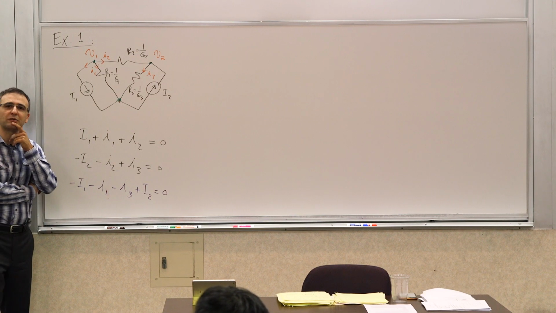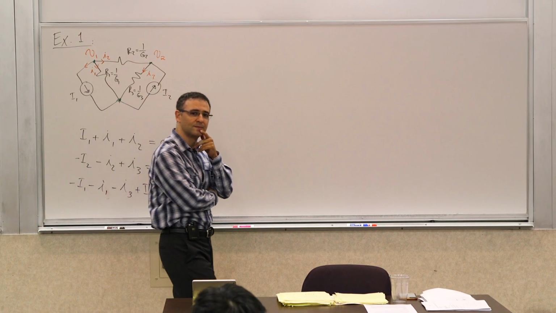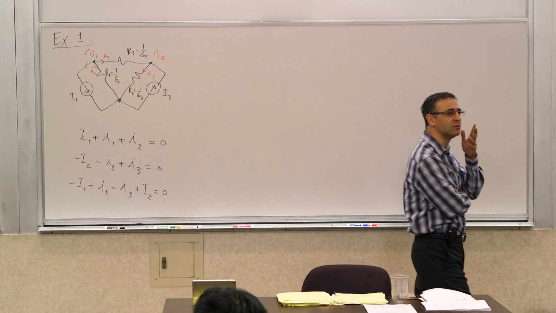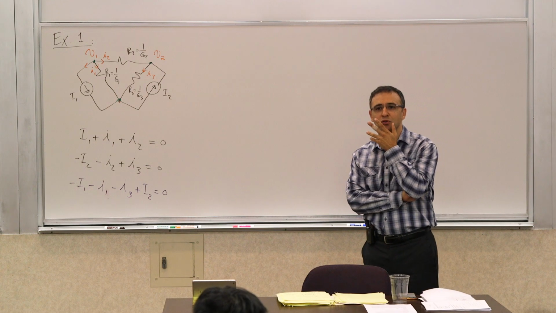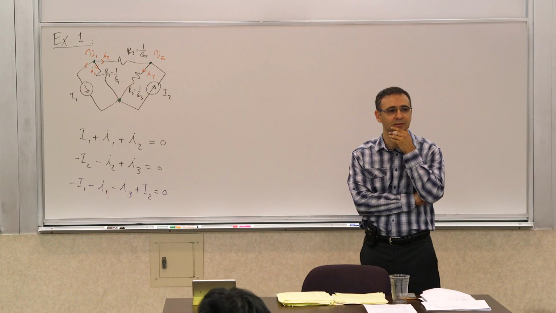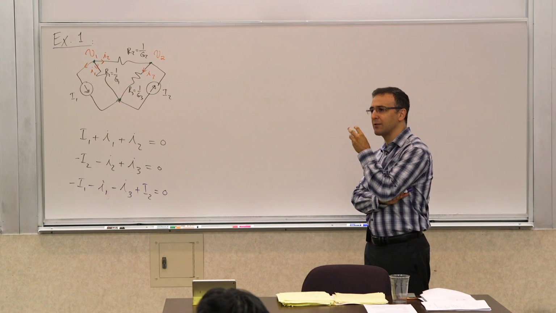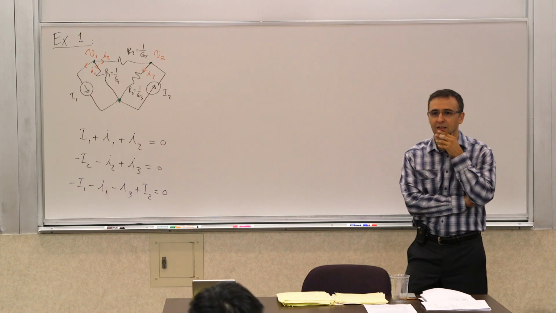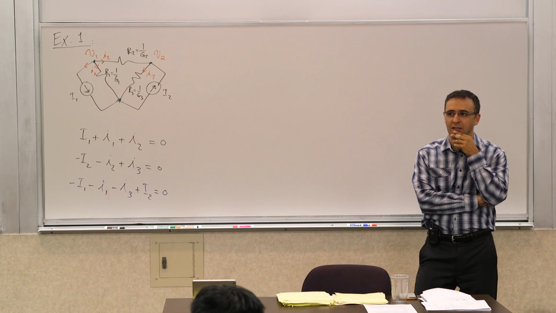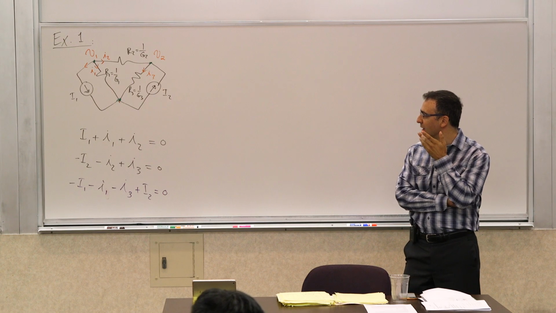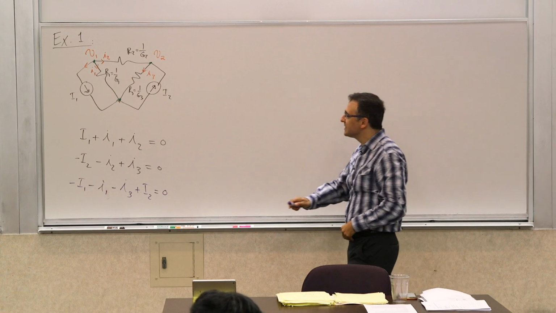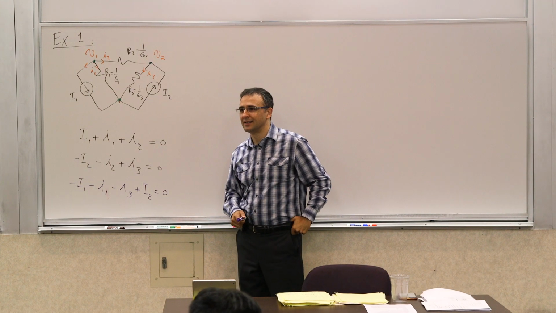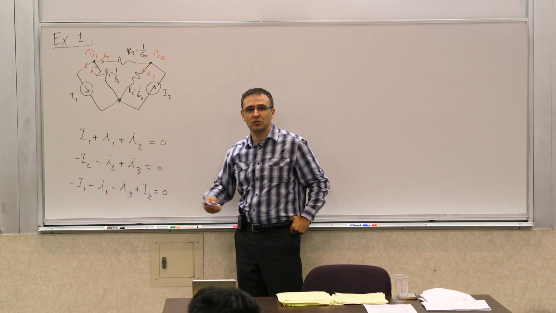Does it tell us something we didn't already know? Look at the other 2 and see if you can generate the third from those 2. Can you? The 2 black ones. Do the 2 black ones produce the purple one? How do you generate those? Just multiply them by minus sign and add them. So this is not an independent equation. This doesn't tell you anything beyond these 2.